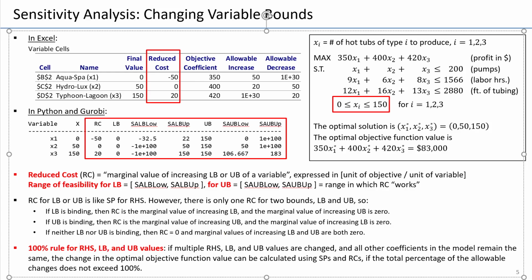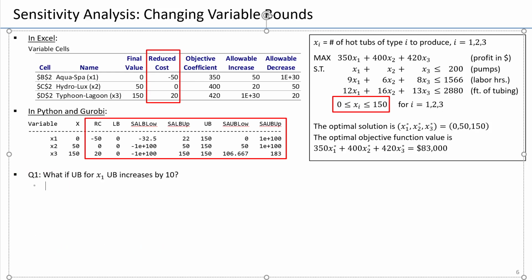So if there is a change in the right-hand side and maybe in one lower bound or upper bound, or a combination of those, as long as the total percentage change of all those values does not exceed 100%, you can use shadow prices and reduced costs to determine the change in the optimal objective function value. Anyway, let me move to a couple of examples.